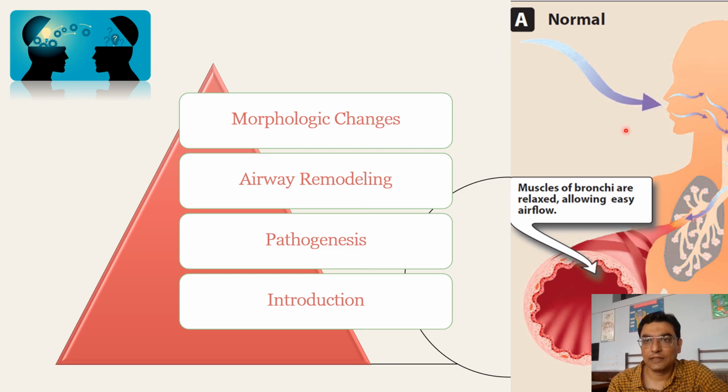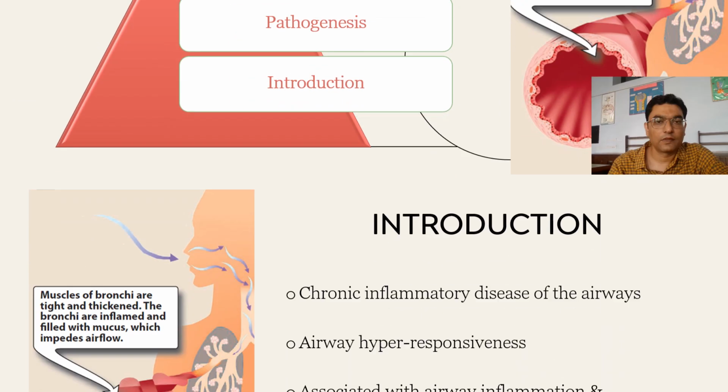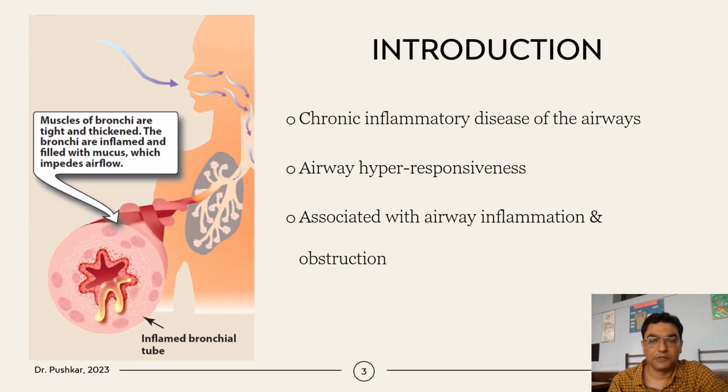As you can see here, it is the normal human body, including normal lungs with normal bronchi, which are relaxed, allowing easy airflow. In the introduction, asthma is a chronic inflammatory disease of the airways in which the airways become hyper-responsive. A very important term, hyper-responsive, and the airways are associated with inflammation and obstruction.